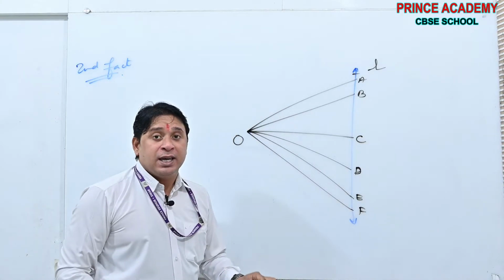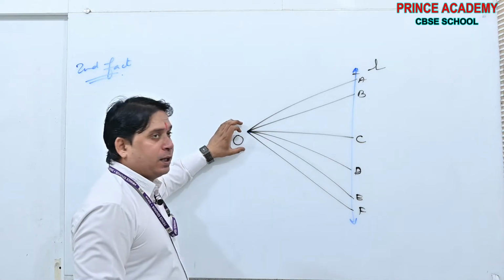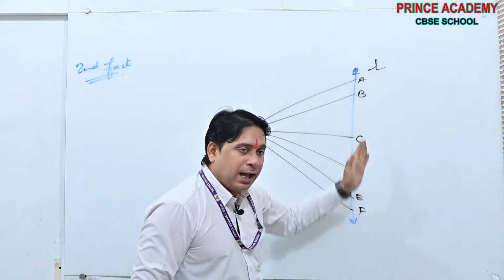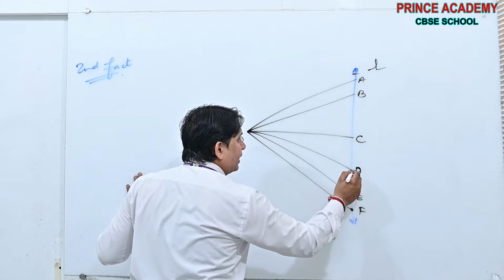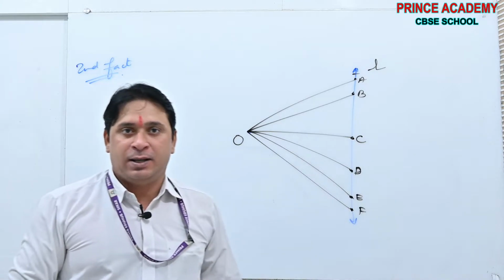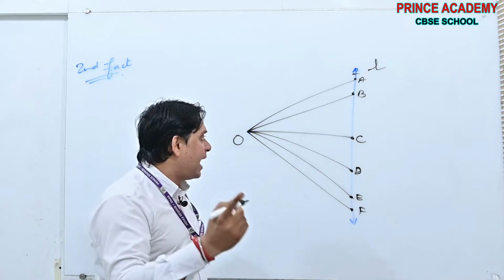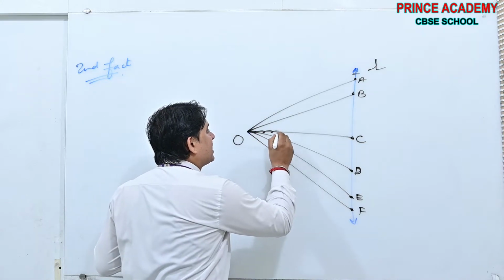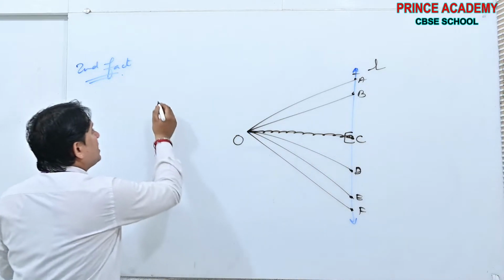Okay, now see, if I measure the distance of a point from the line at different points of the line, what is the observation I can get? The observation I can get is that this distance is the shortest distance.